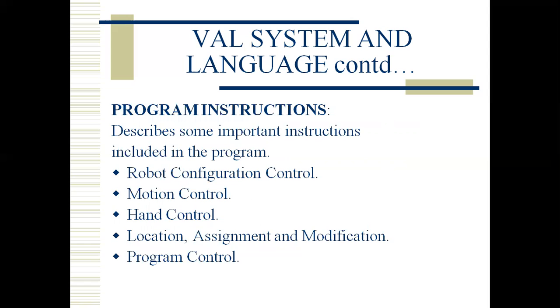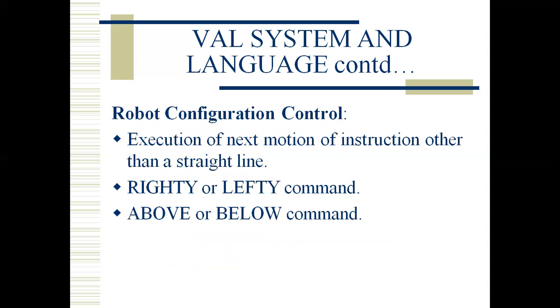Programming instructions: describing the programming instructions is one of the most important characteristics in programming. First is robot configuration and motion control, hand control, location assignment and modification, and finally the program which has been edited or else the entrapped that needs to be controlled.